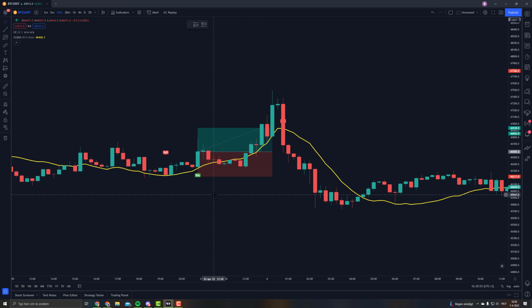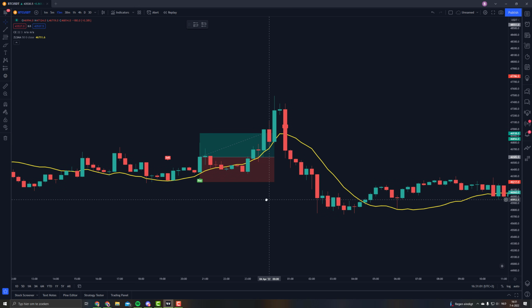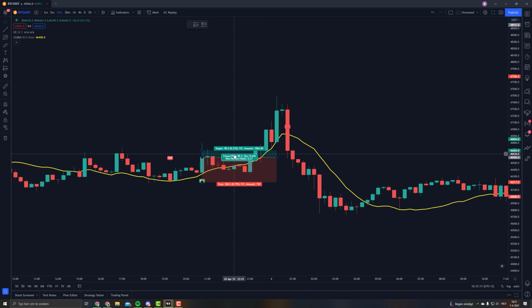Otherwise you just hold on to your stop loss. Otherwise you will get faked out immediately, and that's not what you want. So in this position you would have gotten out right there. That's a small profit of 0.2%, but still it's in the profit.